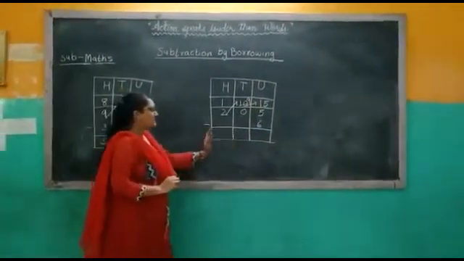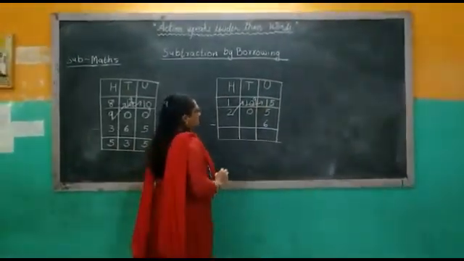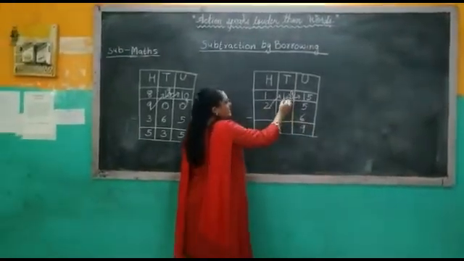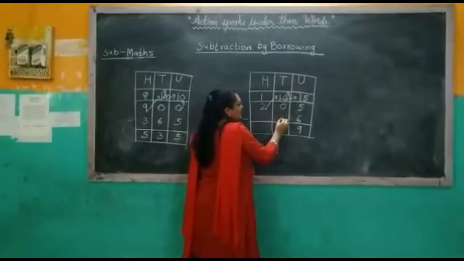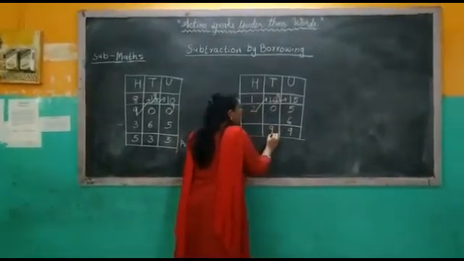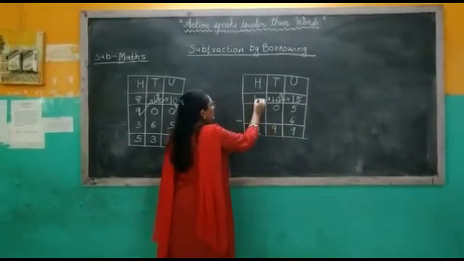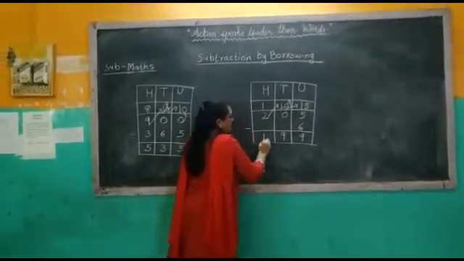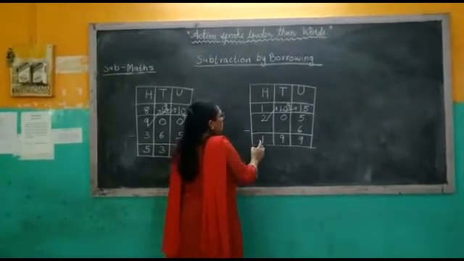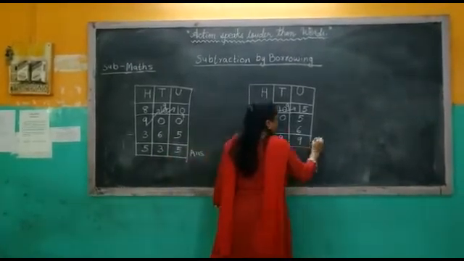Now 15 minus 6 will come 9. And here 9 and nothing. There is no number here. So this 9 we will write down in the tens place. And here we will write down 1 because there is no other number to subtract. So the answer is 190.